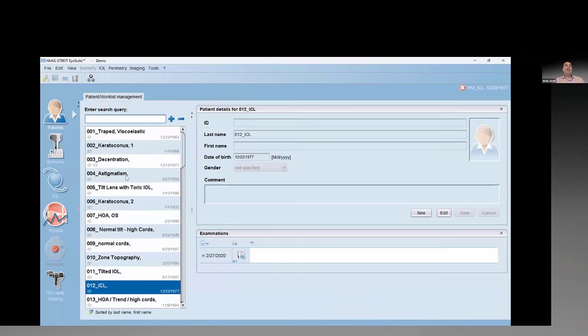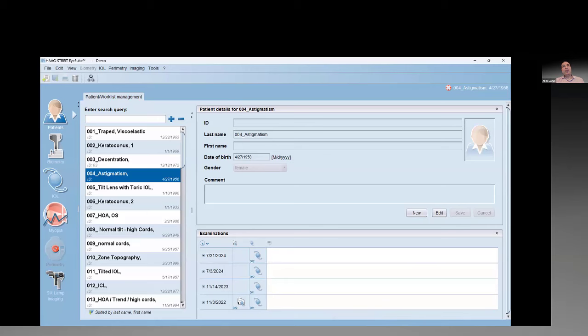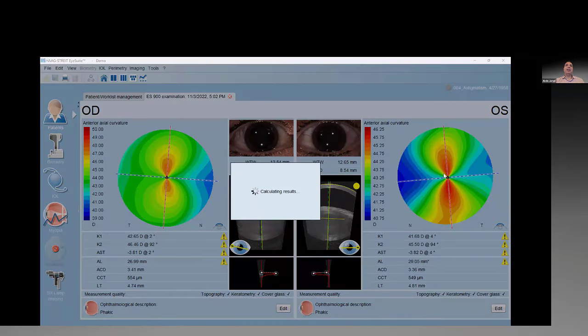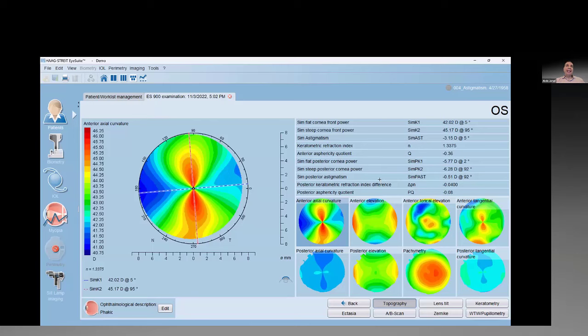Then another case where I can use the software to better educate or explain to the patient the situation. Here I have a nice astigmatic cornea where I can explain to the patient that you have a regular symmetric astigmatism. In your case, it's optimal for toric IOL.